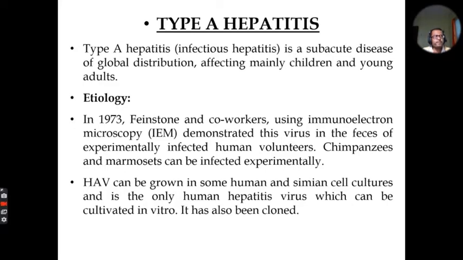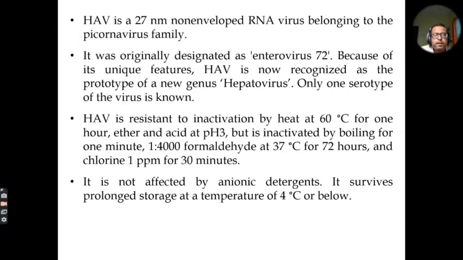The only virus cultivated in the laboratory is hepatitis A virus, in human cell lines or simian cell lines. So we can grow this virus in our laboratories with the help of cell line cultures. This virus can also be cloned.